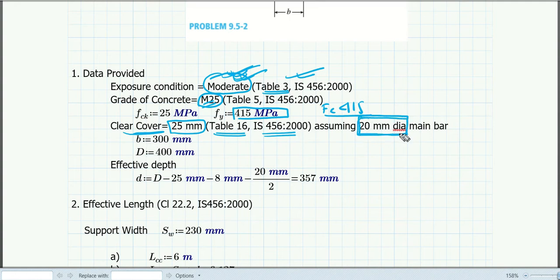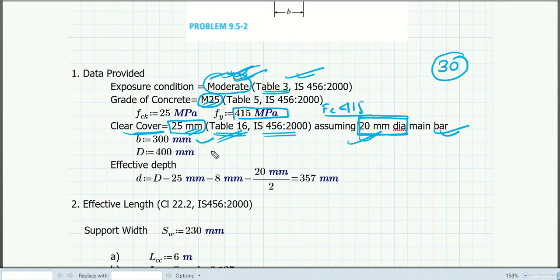So these are the things we have assumed. If you remember from Table 16 of IS 456, for moderate exposure the nominal cover is actually 30 mm, but we can reduce it if we are using bars of more than 12 mm. As we are assuming 20 mm bars, we have assumed the clear cover as 25 mm.